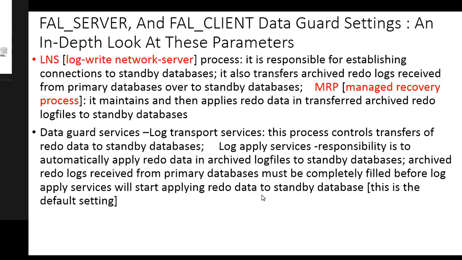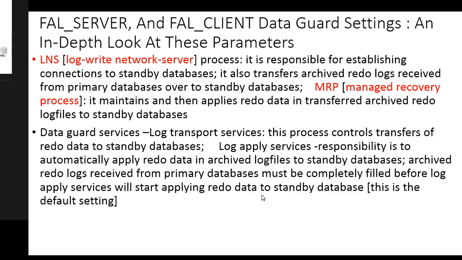And then you have the LNS process, the log write network server process. It's responsible for establishing connection to the standby databases. It also transfers archive redo logs received from primary databases over to standby databases.